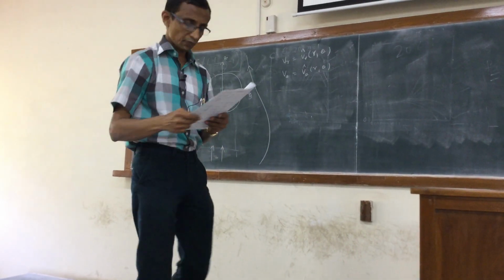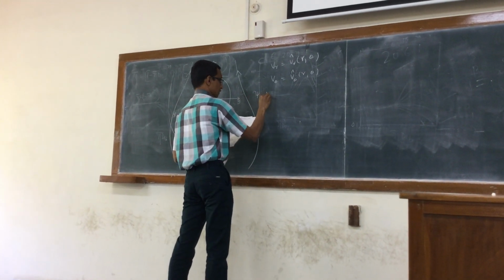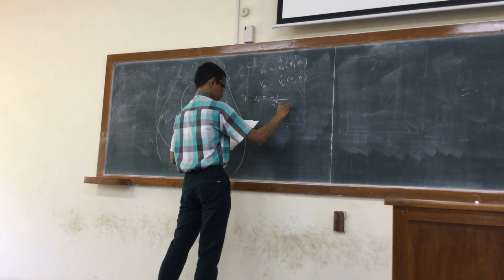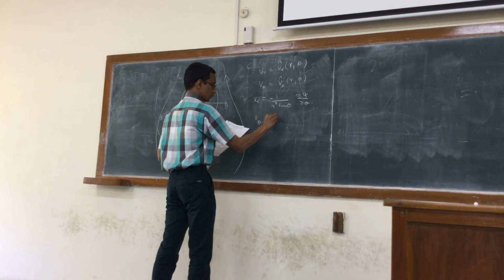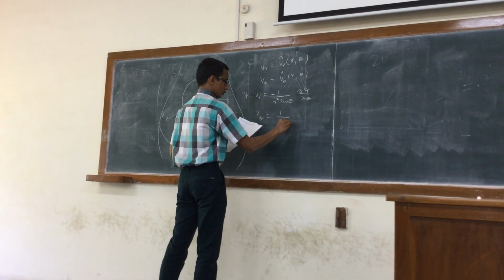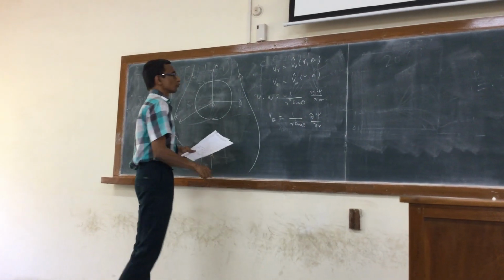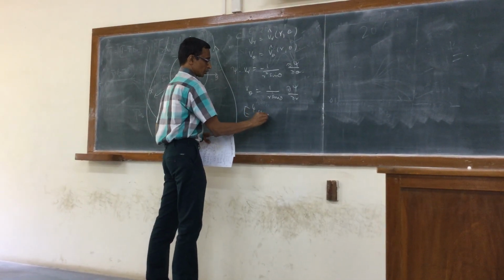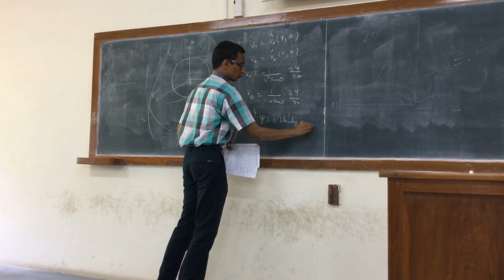So the stream function definition to satisfy the continuity equation is given like this. And then we gave without proof that the stream function satisfies the following equation for steady and creeping flow. That's what we are considering.